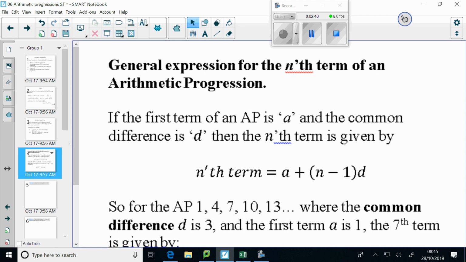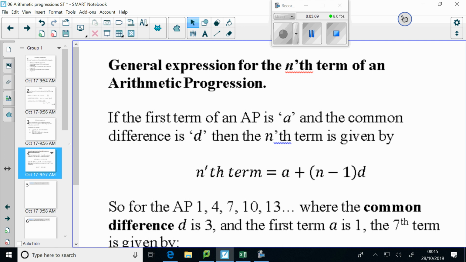Okay. Now, that brings us to a general expression for the nth term of an arithmetic progression. If the first term of an AP is A and the common difference is D, then we can find the nth term from the formula: nth term is equal to A plus brackets n minus 1 times D. Okay.